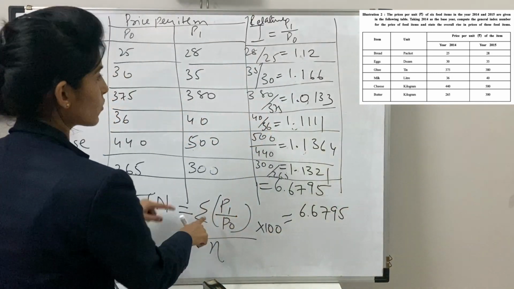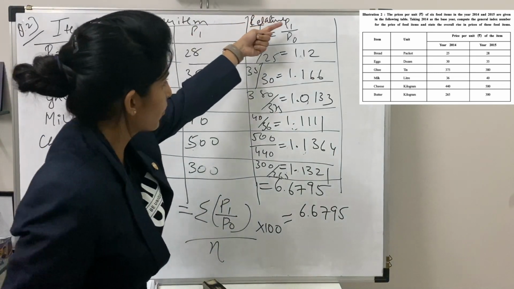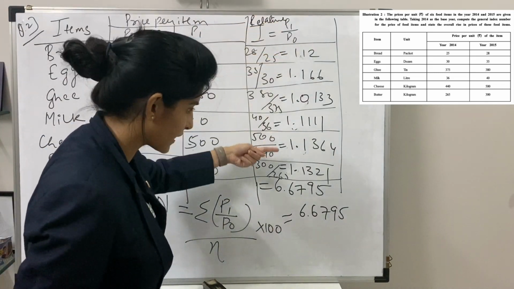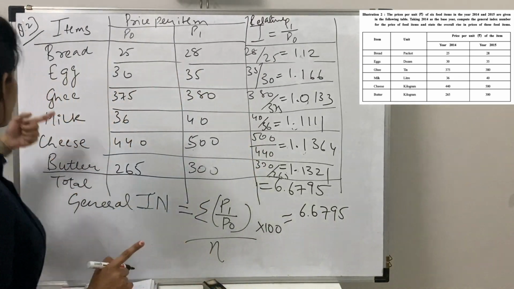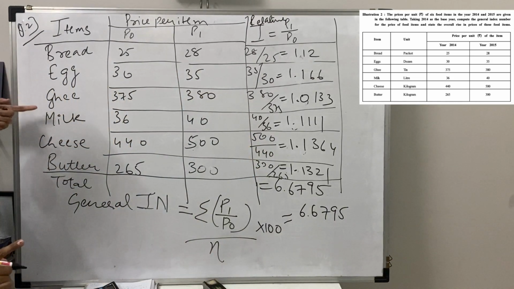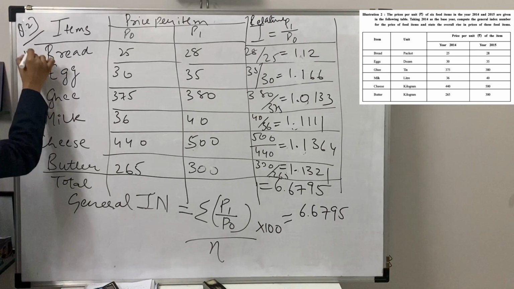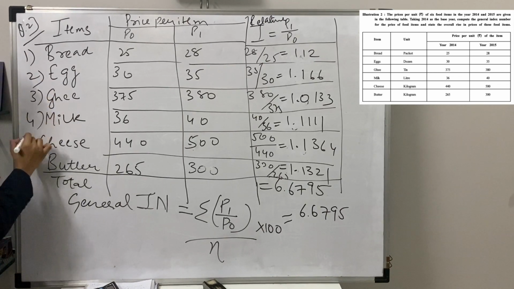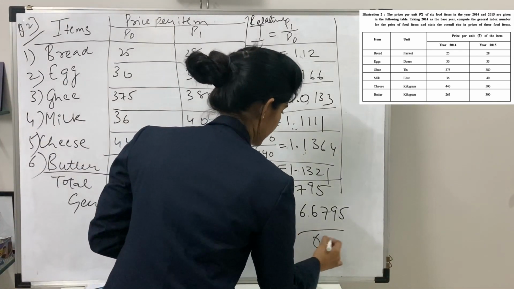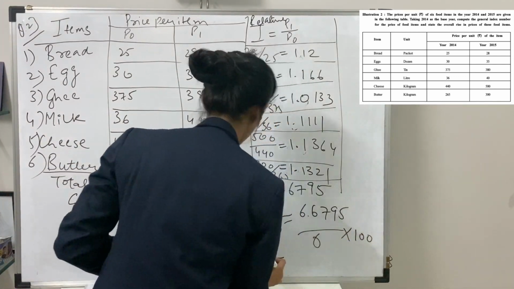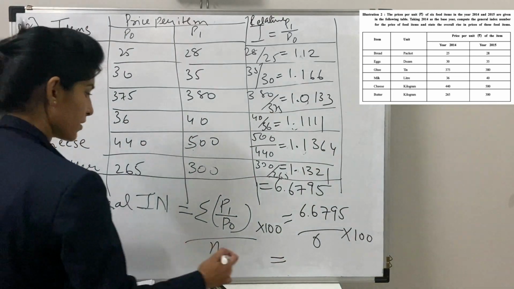This summation means we have calculated P1 upon P0 individually and summation means adding all of these. The number of items are 1, 2, 3, 4, 5, 6. Divide by 6 into 100.